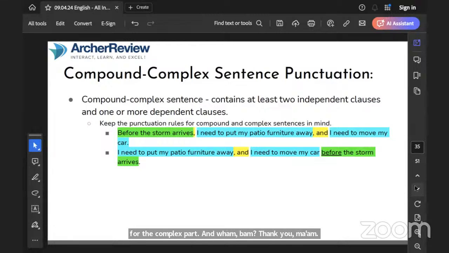So, again, we have to look at where and what order we put the different types of clauses. So for this first example, you'll see that I put "before the storm arrives." Can you tell me, is that independent or is that dependent? Do you remember?